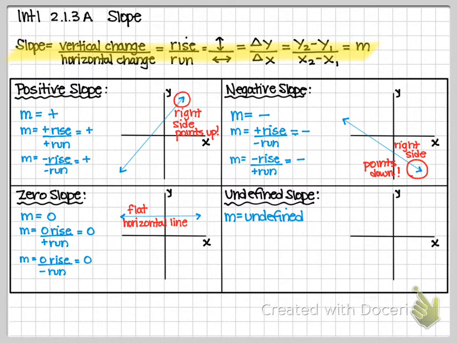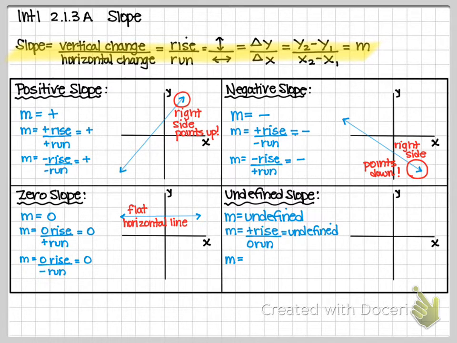So if I have a positive rise over 0 run, this is going to be undefined. And we did go through and establish why we can't have 0 in the bottoms.